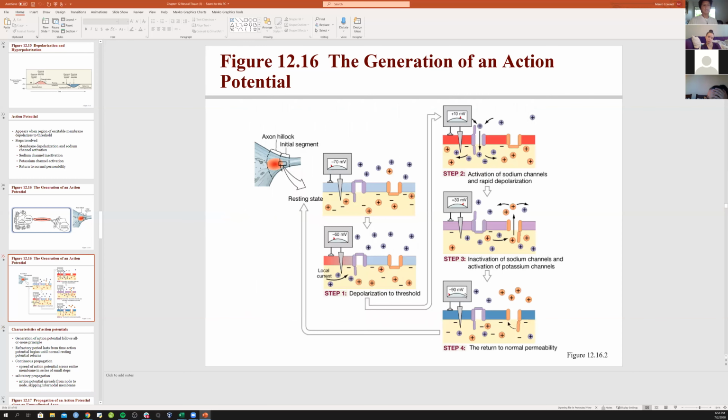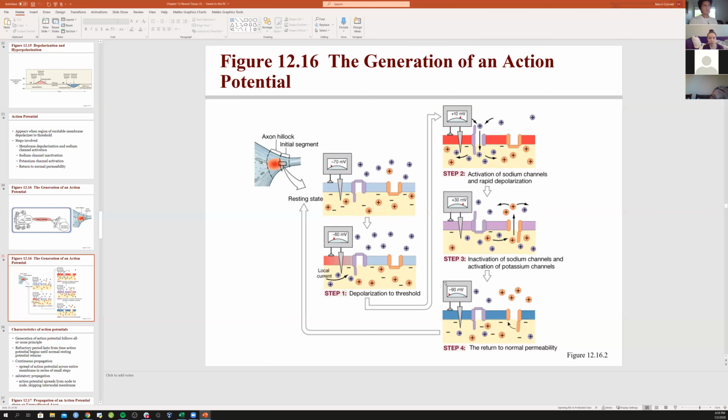Before, the cell was at negative 70 millivolts, right? In order to reach the threshold for firing, you only had to increase 10 millivolts. You only had to send 10 positive charges to the interior of the cell to reach the threshold for firing an action potential. Now that the cell has completed a cycle of an action potential, it's more negative than its resting potential.